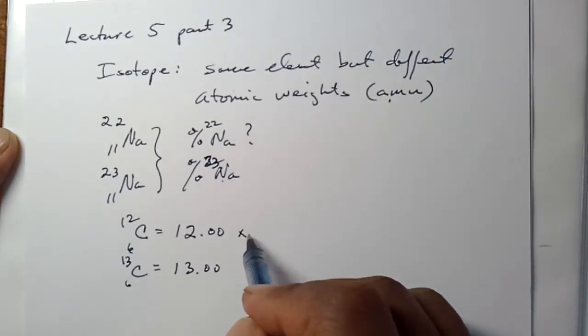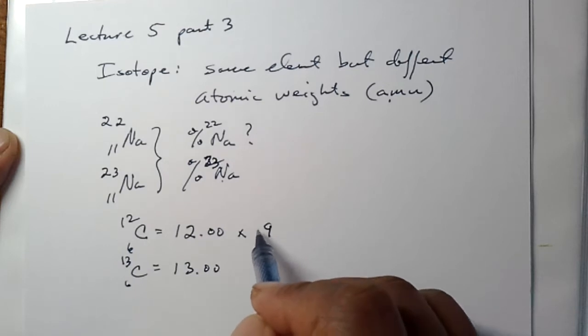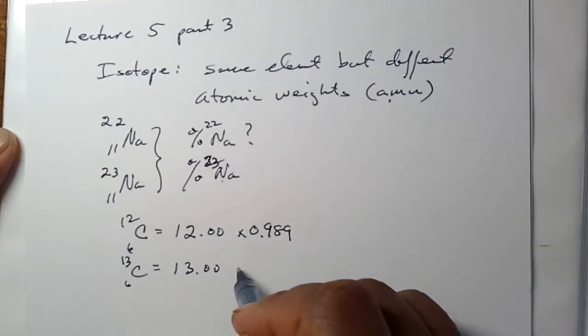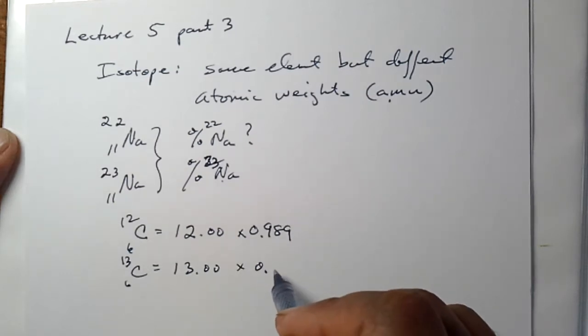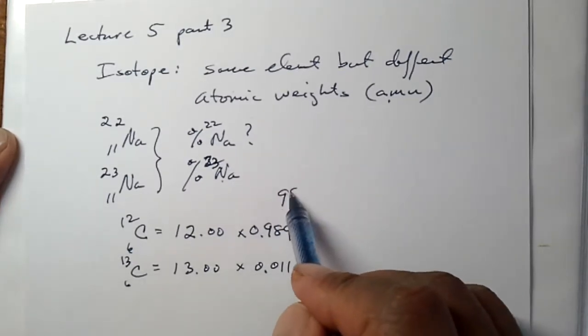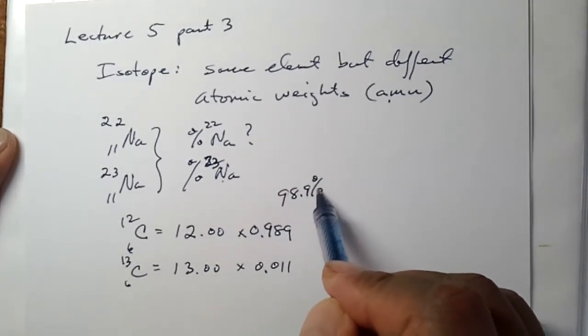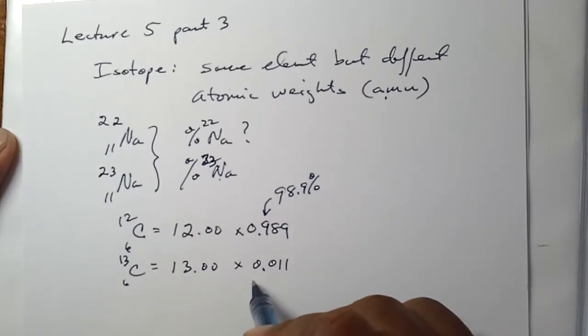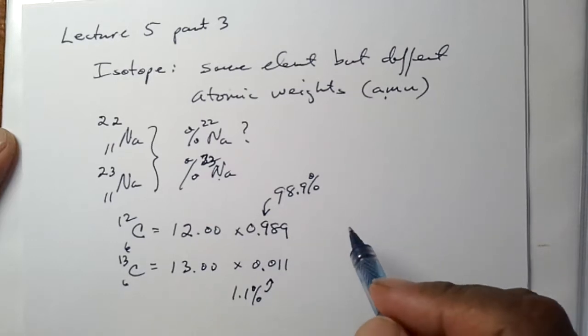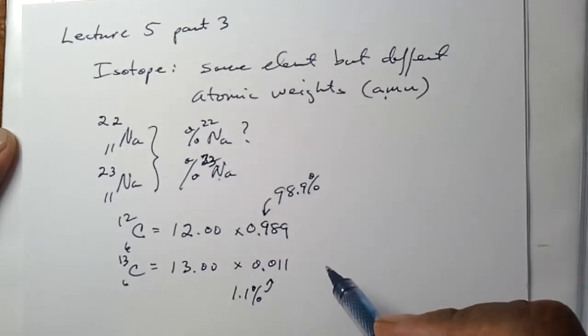If we had 98.9% carbon 12 and 1.1% carbon 13, we represent it like this, and 1.1% represented decimally like that.